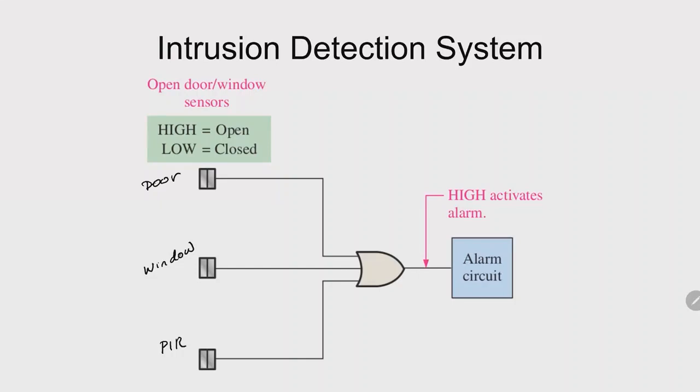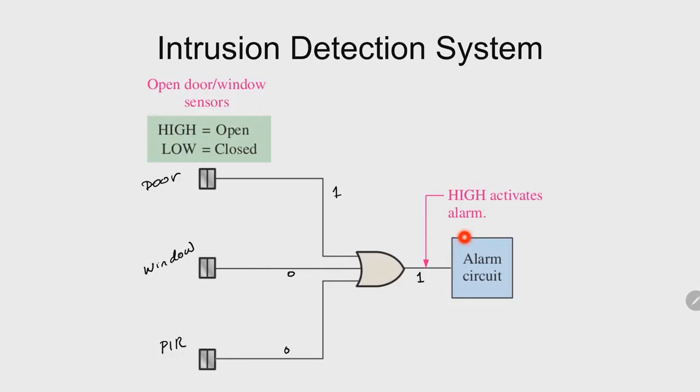So it means that if any of these sensors is triggered, your alarm circuit will be triggered. For example, if someone breaks into your house through the door, this becomes 1, even though this is 0, it's going to give us 1, and the alarm will sound. If someone breaks the window, this will become high, and the alarm will sound.